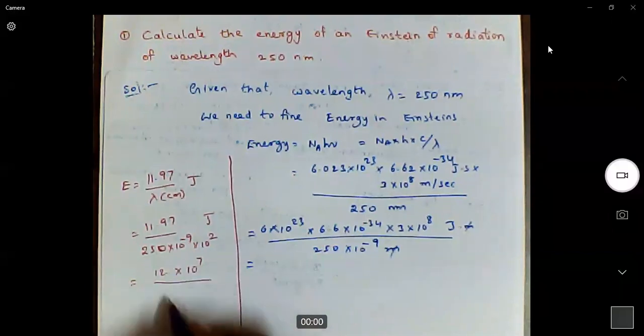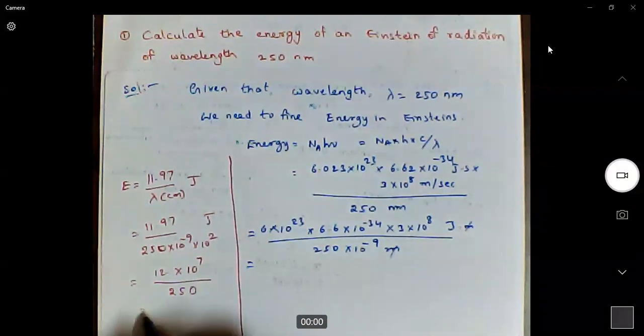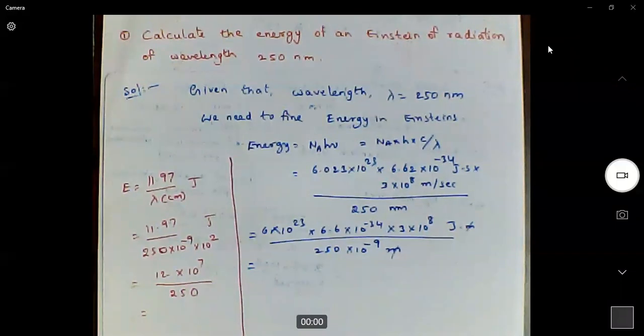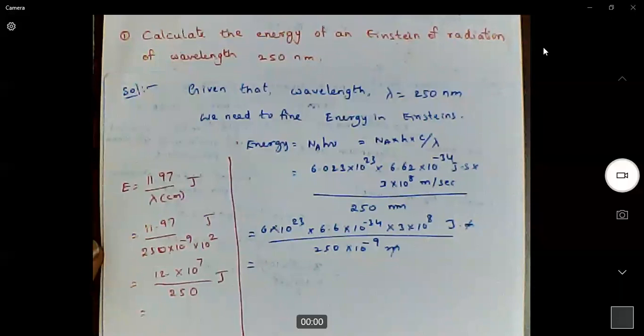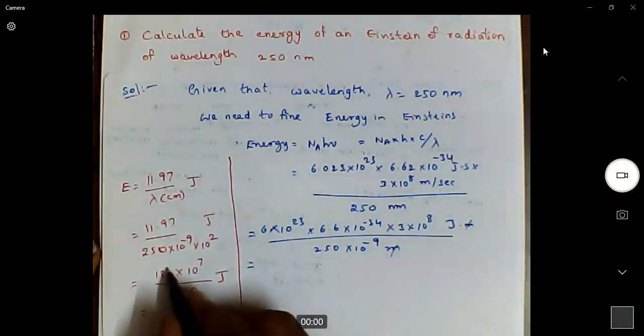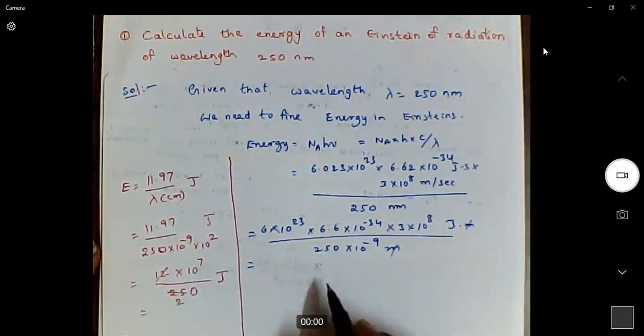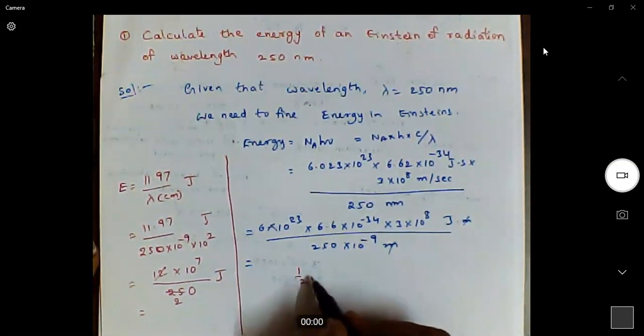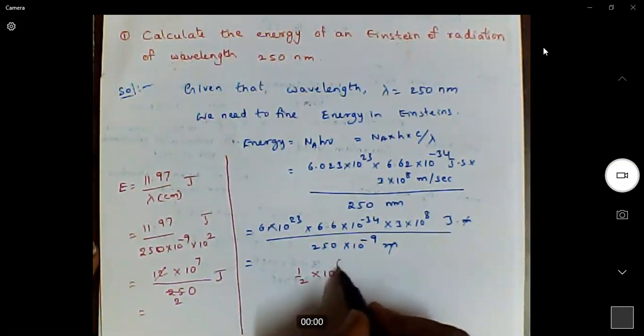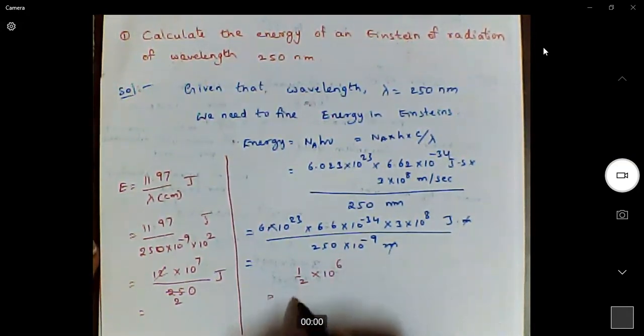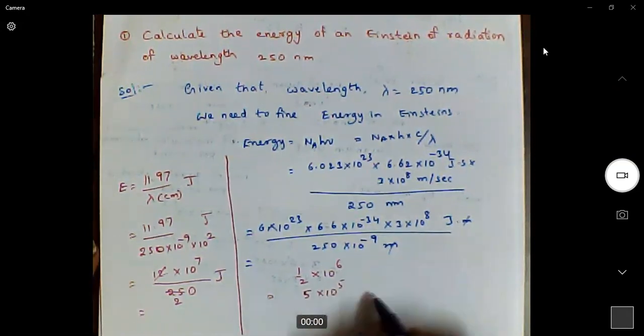This becomes 10 power plus 7 by 250. You just solve this. So 12, you can make it 2 times. 1 by 2 into 10 power 6. 1 by 2 means 0.5. So it is 5 into 10 power 5, or 50 into 10 power 4 joules.